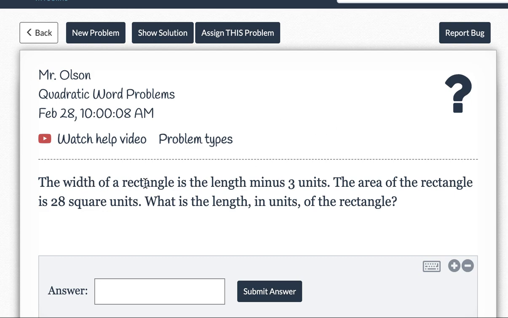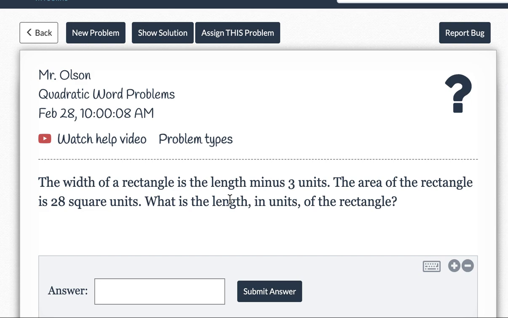But the width of the rectangle is the length minus 3 units. So we know W equals L minus 3. Or if we call the length X, we know that the width is going to be X minus 3, we can make a substitution and then solve.